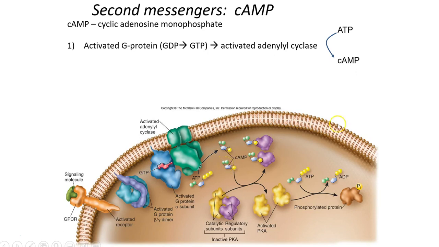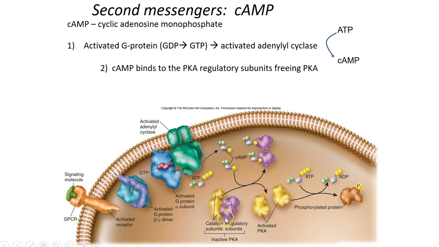All right, so remember, cyclic AMP is only made when adenylyl cyclase is on. Adenylyl cyclase is only on when the alpha subunit of the G protein is bound by GTP and therefore active. And that only happens when the ligand binds to the receptor. And so now that we have active cyclic AMP, it's going to bind to this protein here called the pKa inhibitor.